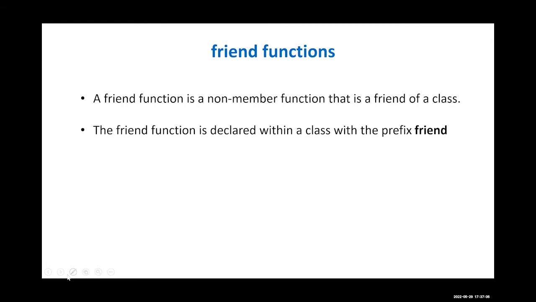So whenever you want to make a function which is not a member function a friend inside your class, you declare it in the same example as friend D. Now this becomes my friend function.